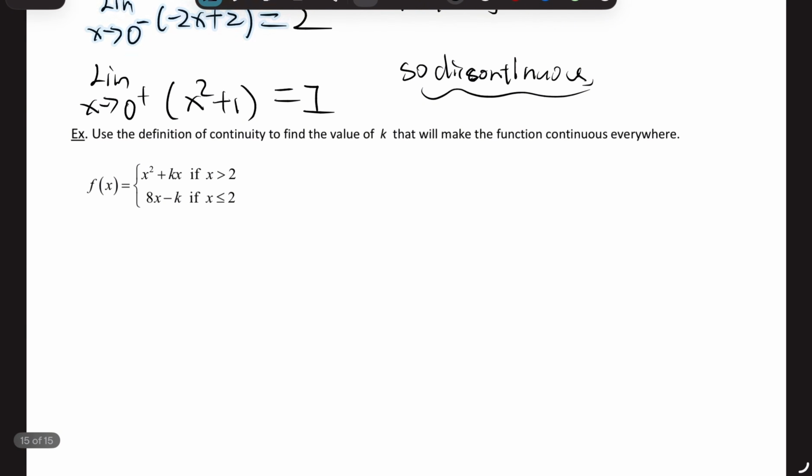Our last example is we have to use the definition of continuity to find the value of k that makes a function continuous everywhere. Again, when you see a piecewise function, you always have to use the left limit and right limit. So the left limit, x approaches 2 minus.